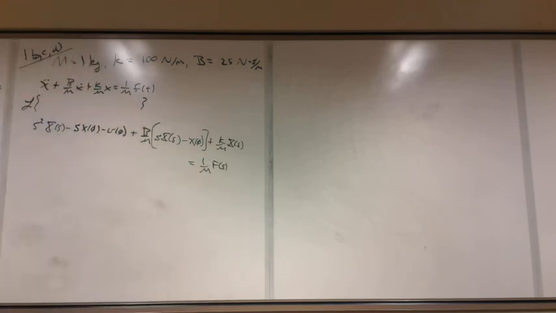Now, to get the transfer function, I'm going to actually assume that the initial conditions are 0. Maybe I won't do that at first, but I'm going to. Let's go ahead and do that for a second.